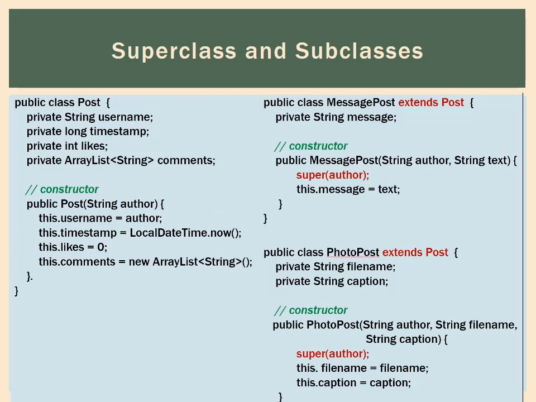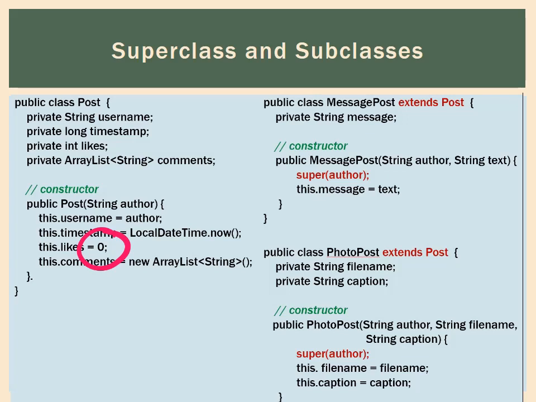However, for the timestamp, we don't need to take in any parameters. We're just going to set the timestamp to be the current date and time. And we can get the current date and time from the LocalDateTime class. There's a static method there called now. So that's how we're going to handle that. In terms of the likes, when we first begin our post, no one's liked it yet.